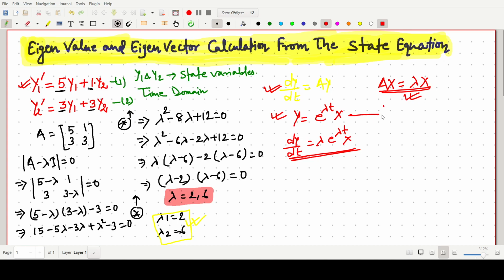This is the time domain expression for dy by dt as a function of y1 y2. So the answer will be in the form e to the power eigenvalue t times x, where this x represents the eigenvector. So we have to find this x.